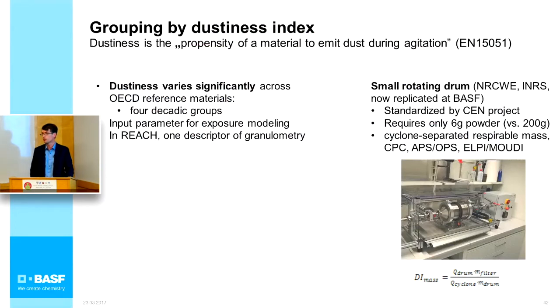There is a European standard for several methods, and I'm not going into details here, but some of these methods have a challenge: they require hundreds of grams of material for testing. That is prohibitive for research materials, and it can also be a challenge for some conventional materials. So we need something that works with lower masses.